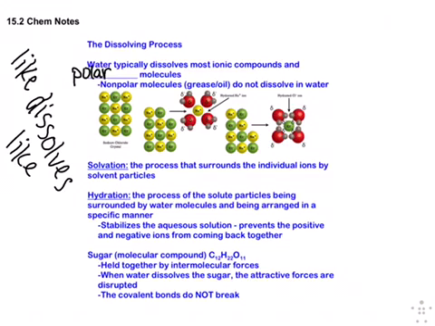Solvation is the process that surrounds the individual ions by solvent particles. That's what is being shown in this diagram right here. In this first one, we just have a regular crystal structure. It looks like a table salt. And when you place the table salt in water, the partially negative oxygen ends of the water molecules will align themselves with the positive sodium ions, and then the negative ends of the chlorine will align themselves by the partially positive ends of the water molecule.